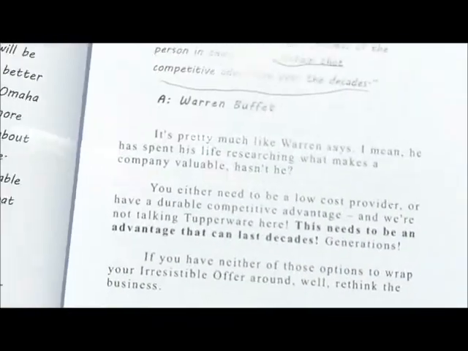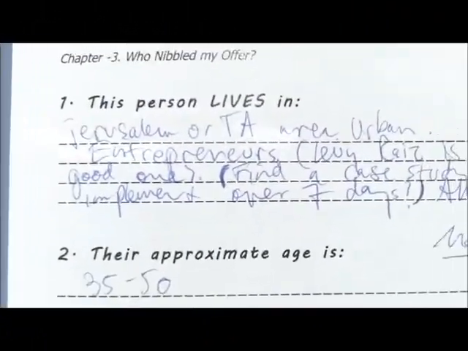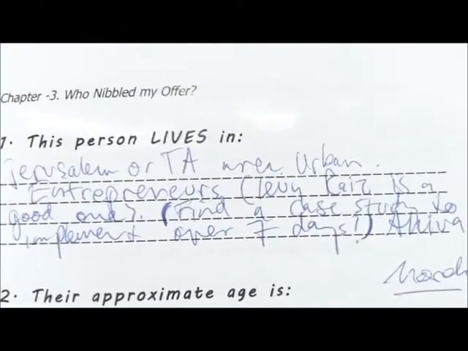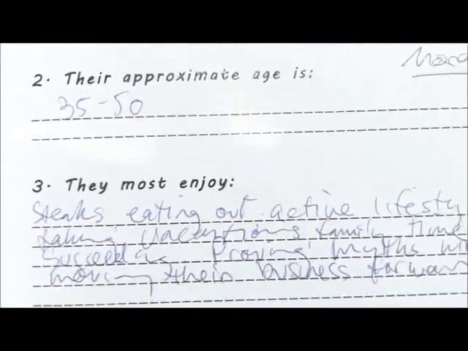Now, we're going to find out who actually is nibbling our offer. We're going to start answering questions like, this person lives in, and we're going to put in the area where they live. And then we're going to put in their approximate age.